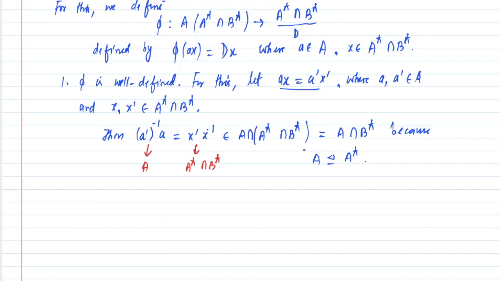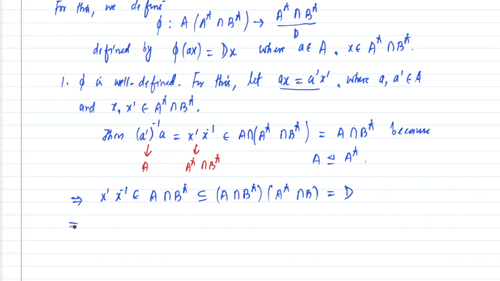Now from this we obtain that x dash x inverse belongs to A intersection B star, and this set is contained in A intersection B star into A star intersection B. But the expression on the right-hand side is equal to D. So this gives us x dash x inverse belongs to D. So this means D x dash x inverse is equal to D, and this further implies D x dash is equal to dx.